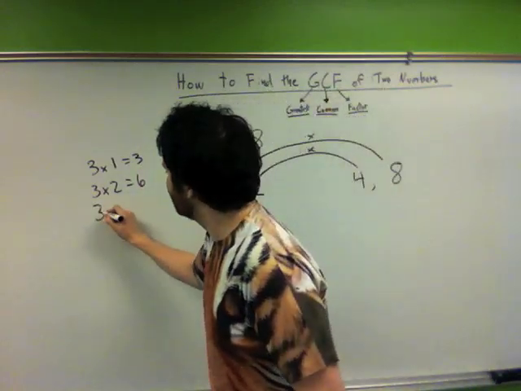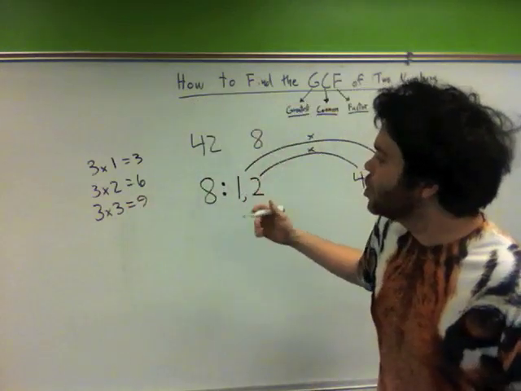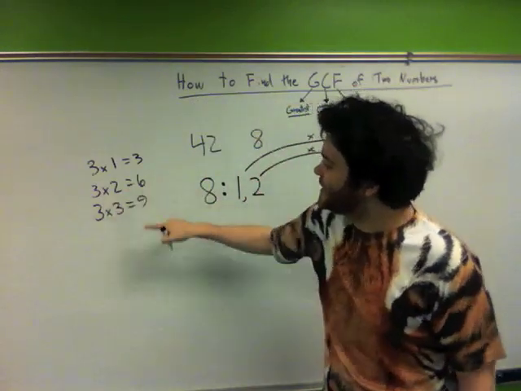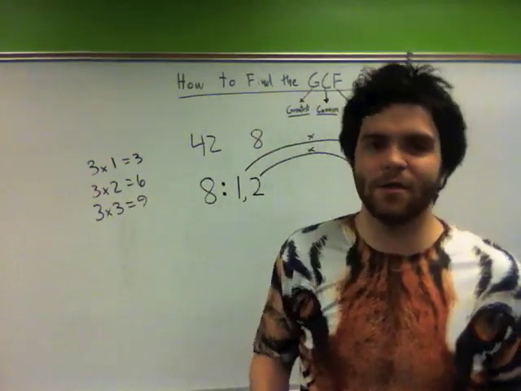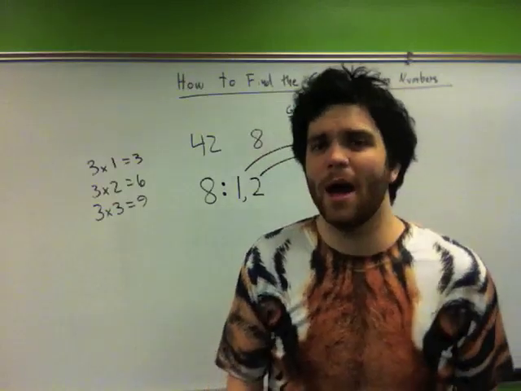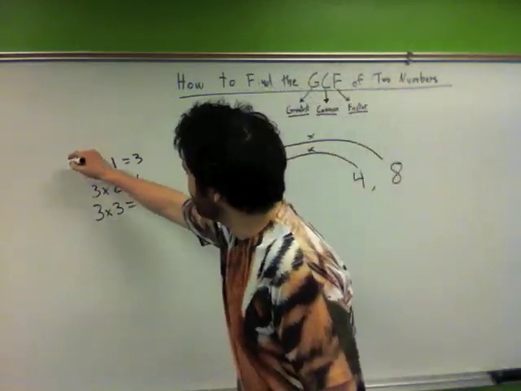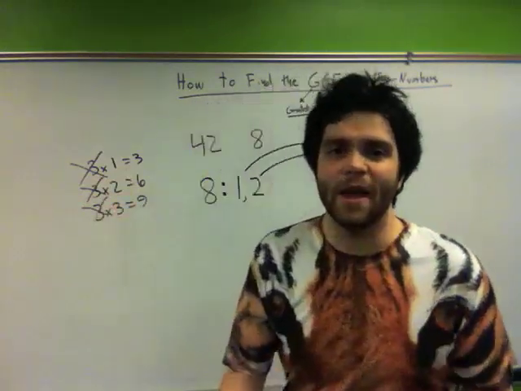And 3 times 3 is going to be equal to 9. Oh, wait. If 3 times 2 is 6 and 3 times 3 is 9, there's no way 3 can be a factor of 8, because 3 times nothing that we know about is 8. So actually, 3 can't be a factor of 8.